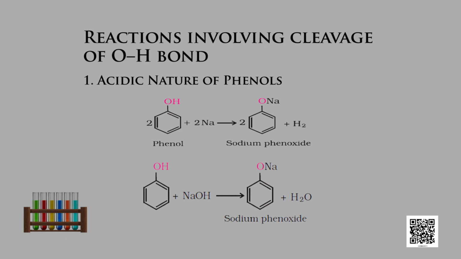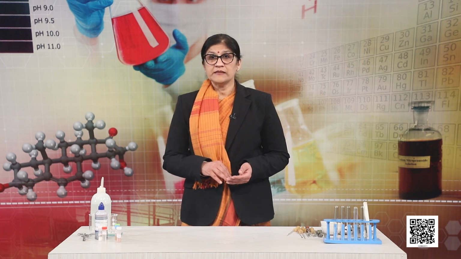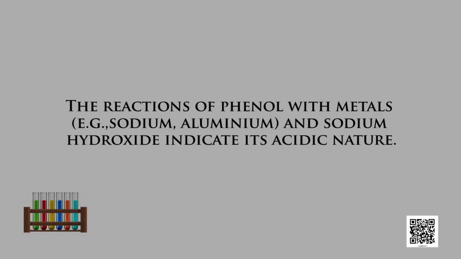The acidity of phenols is evident by the reaction with active metals like sodium, potassium, aluminium, etc., as we saw for alcohols also. In fact, phenols are better Bronsted acids than alcohols. That is, they can donate a proton to a stronger base. The reaction of phenol with metals, for example sodium, aluminium and sodium hydroxide, indicates its acidic nature.